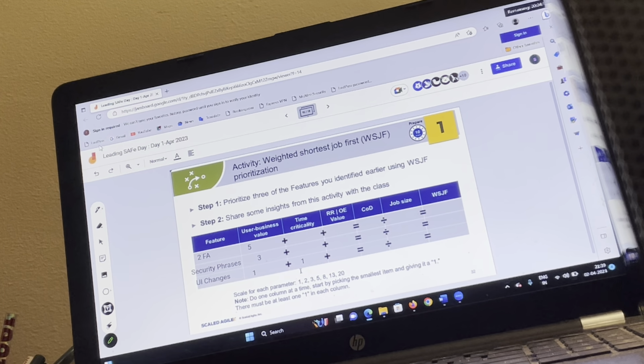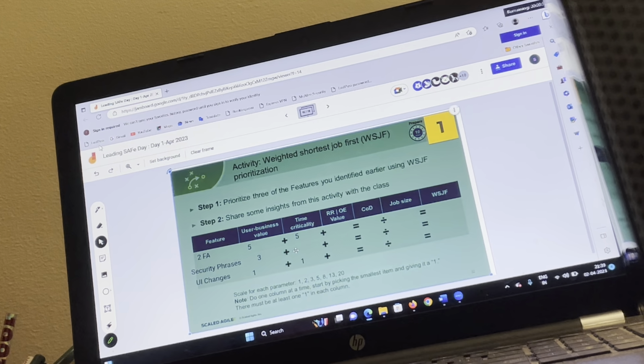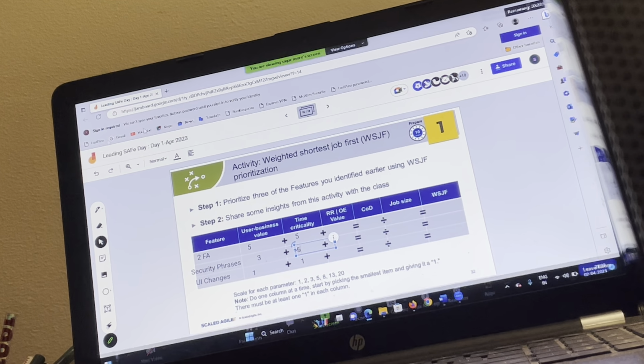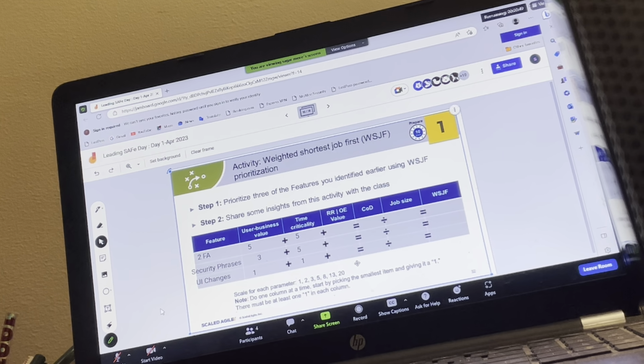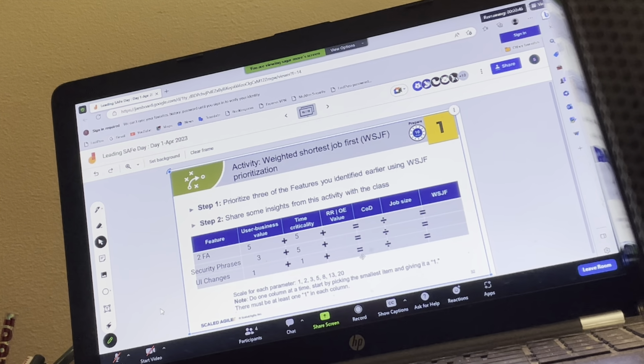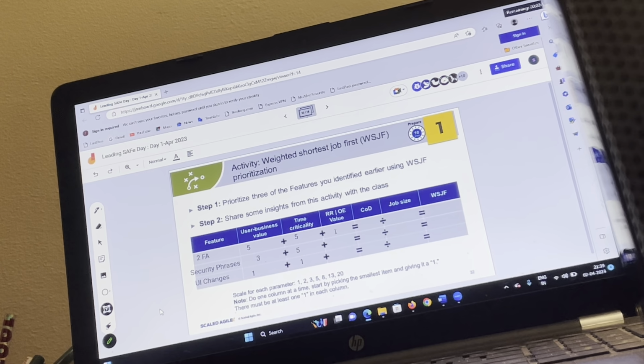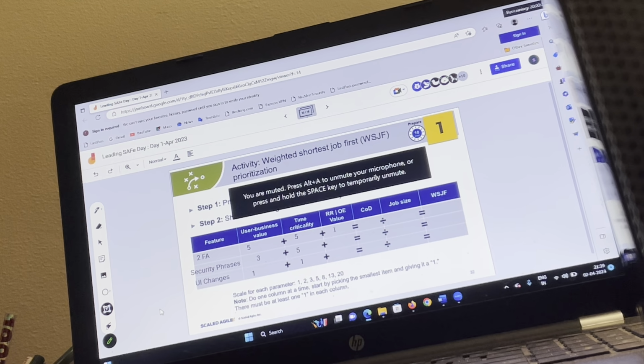And for 2FA and security phrases, shall I give 5 and 5? Yeah, go ahead. Okay. And what's the long form of this? How do I do it? This represents opportunity, no?